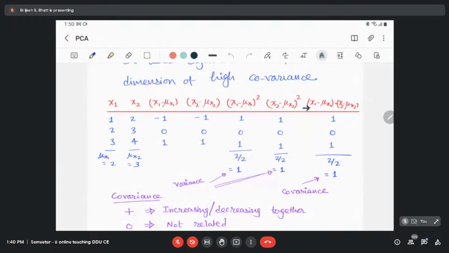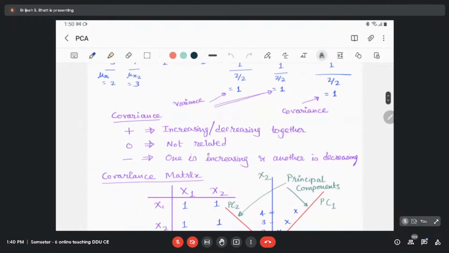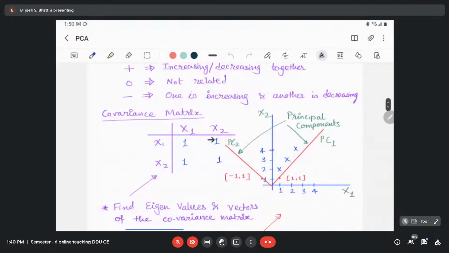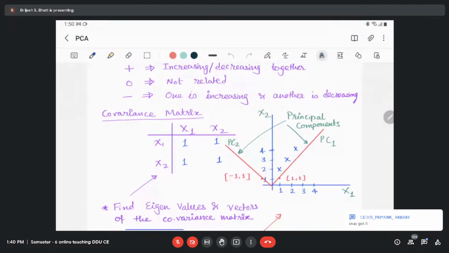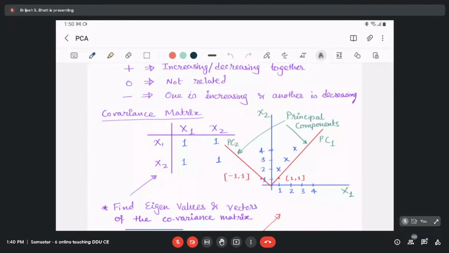So x1, x2 covariance is same as x2, x1 covariance. So these two elements, the first row, second element, and second row, first element, are representing same thing, right? I forgot to share the notes last time, but I will share it today, so it will be clear after this. But this is how we prepare covariance matrix.